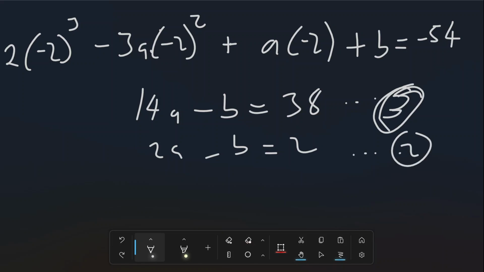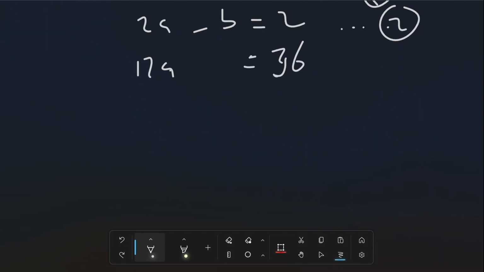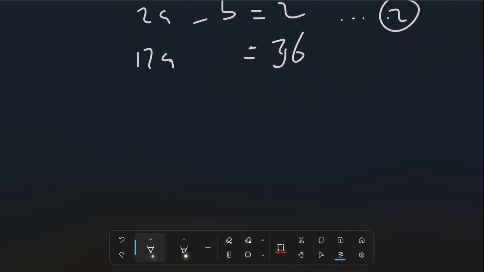Subtract these two equations. Here you have 12a is equal to 36, which simplifies down to a is equal to 3.